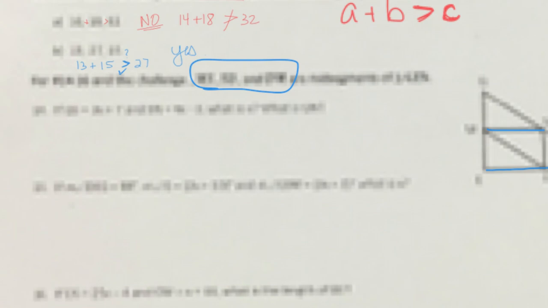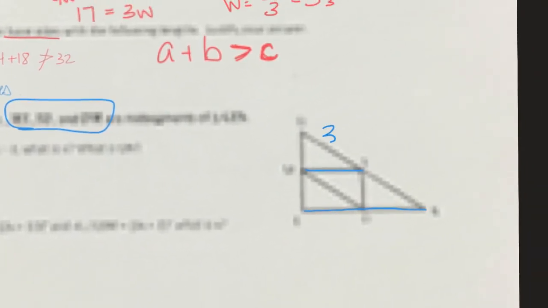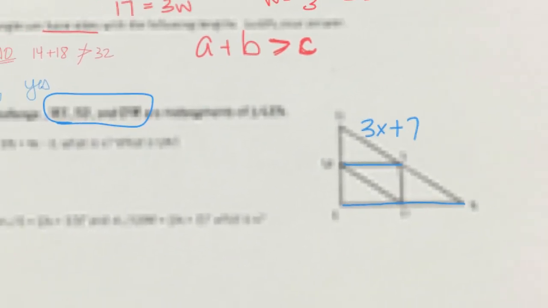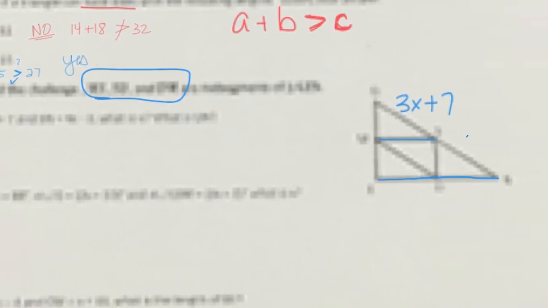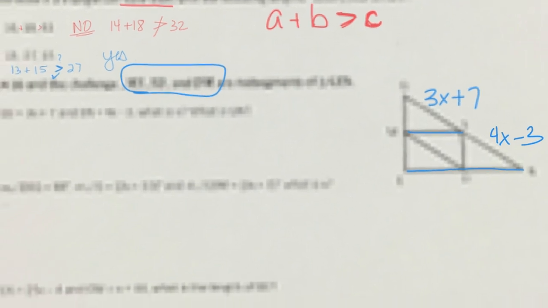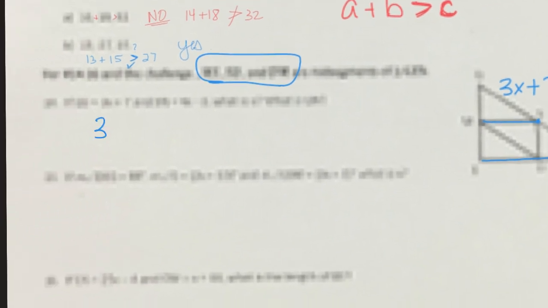So number 14 says GS is 3x plus 7. And SN is 4x minus 3. So the geometric relationship here is, because this is a midpoint, these ones are going to be equal. So we will make our equation by setting them equal.